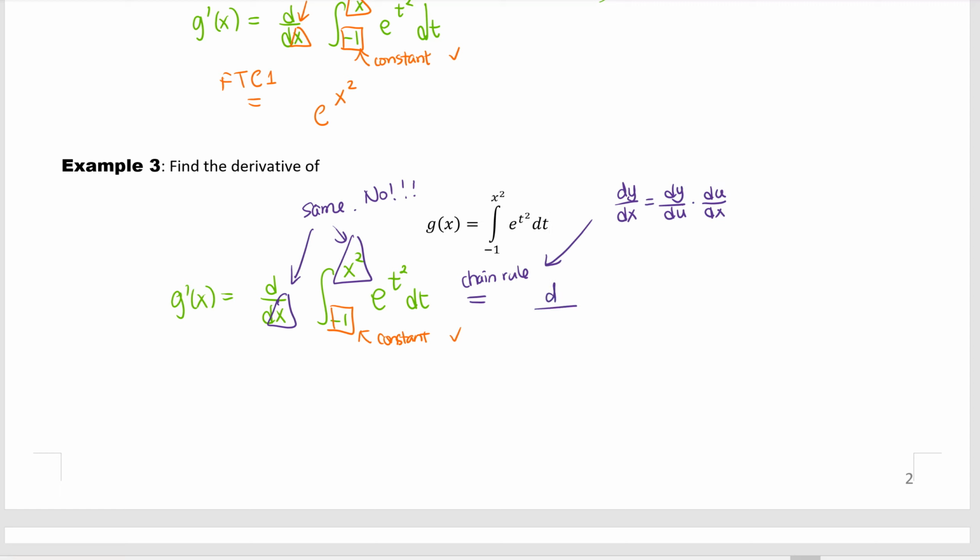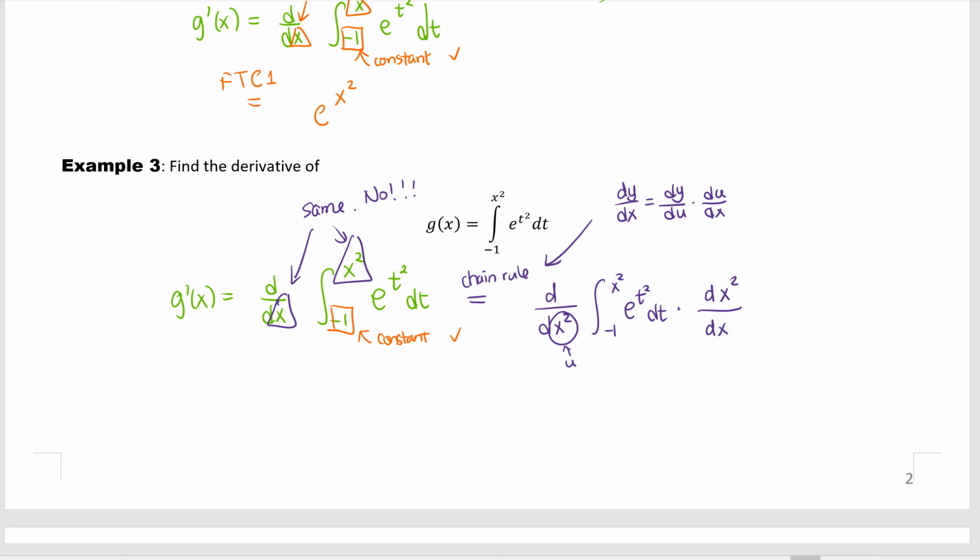I want to create the x squared here. So this is like our u. Okay, and then we have the y. This is the y, the integral from minus 1 to x squared of e to the t squared dt, times du dx. U is x squared, so dx. See, we're using chain rule.